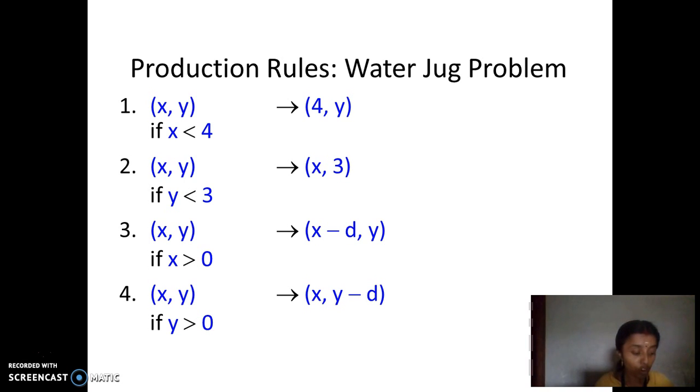Thus, the leftover water in the 4 gallon jug is x minus d. Similarly, the fourth rule is that if we pour out some water, say d amount, from the 3 gallon jug, then the leftover water will be y minus d.